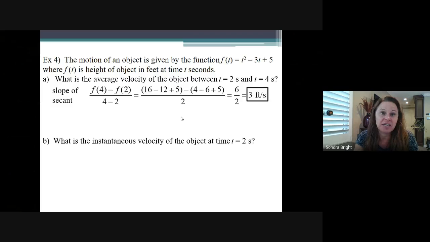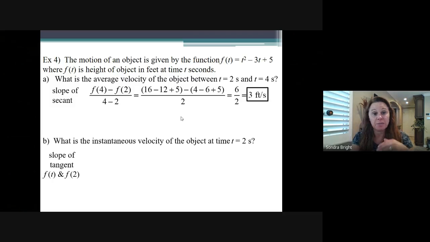Instantaneous is the tangent line. You've got to find the slope of the tangent line, and you're going to be using f of t, because remember, m equals the limit as t goes to 2 of f of t minus f of 2, all over t minus 2. The slope is the limit as t goes to 2, because we want it at 2 seconds.